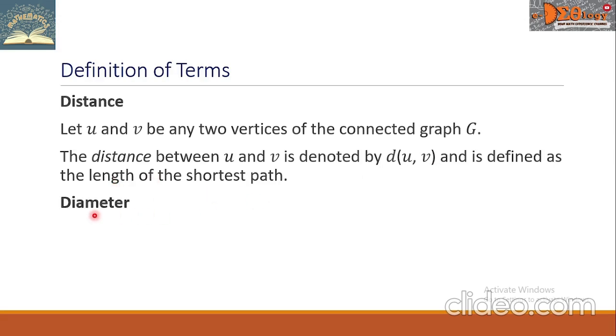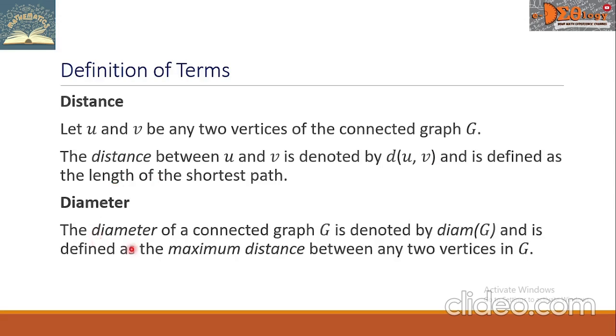Next term is diameter. The diameter of a connected graph G is denoted by diam(G) and is defined as the maximum distance between any two vertices in G.